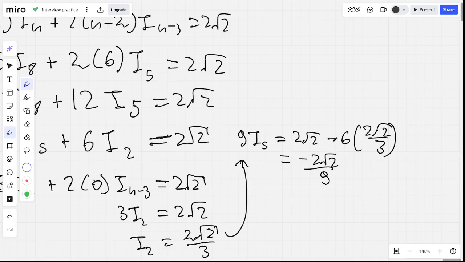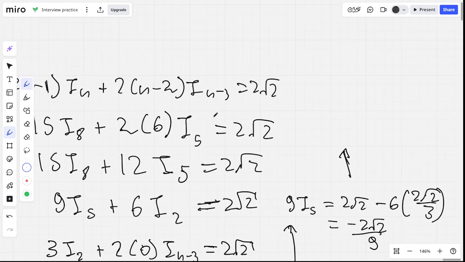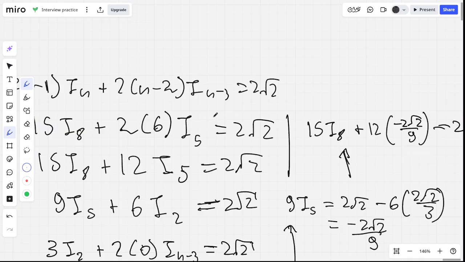And I need to plug that into the original equation with I8 in it. So 15 I8 plus 12 times minus 2 root 2 over 9 is equal to 2 root 2.